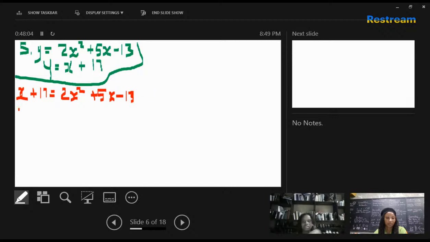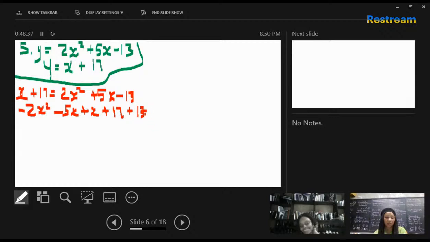So we'll have negative 2x squared, sorry, it would be a minus 5x plus x plus 17 plus 13, equals 0.